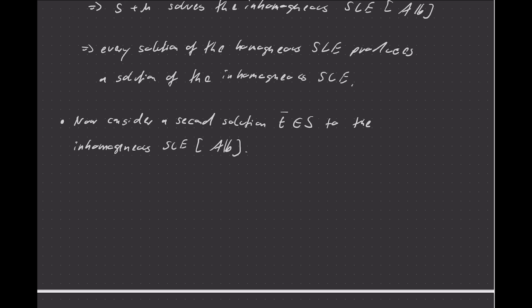AB. Then we'll define a vector U by simply taking this T bar and subtracting S bar.